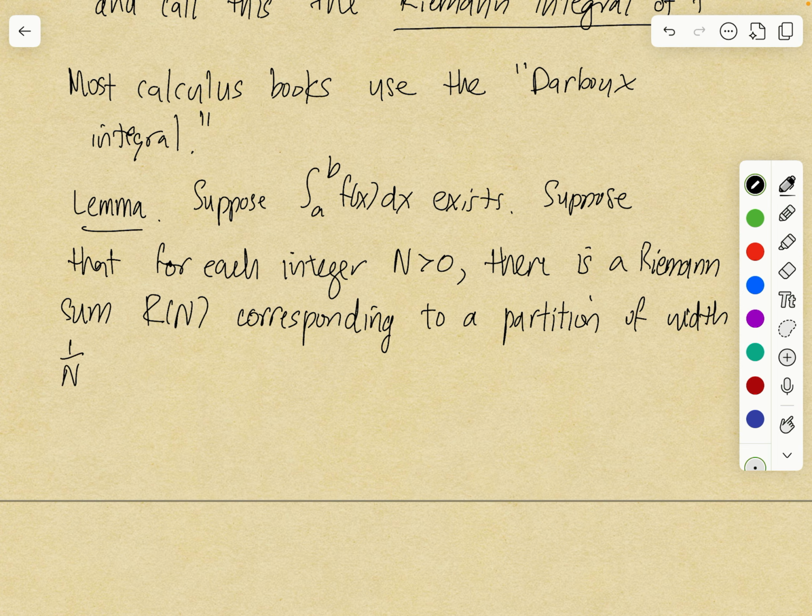Well, these exist in general, but the key condition is, so you have these Riemann sums and that the limit of R_n as n goes to infinity exists.